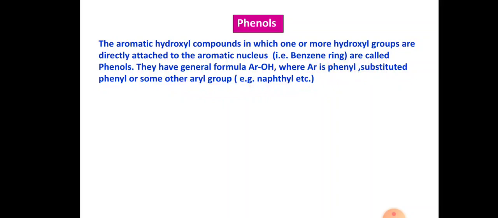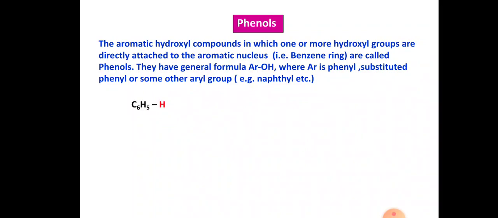They have the general formula ArOH, whereas Ar is phenyl or substituted phenyl or some other aryl group, for example naphthyl. So how will you define the phenol? The aromatic hydroxyl compound in which one or more hydroxyl groups are directly attached to the benzene ring is called phenol.